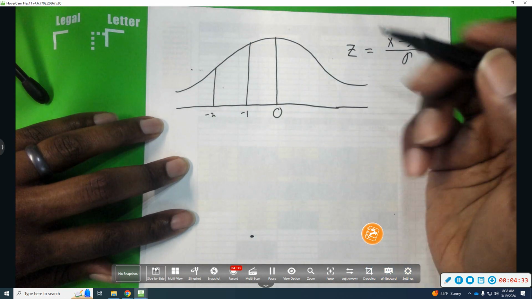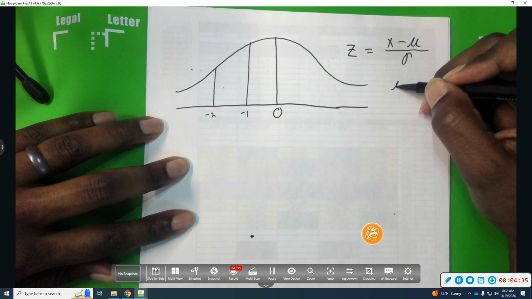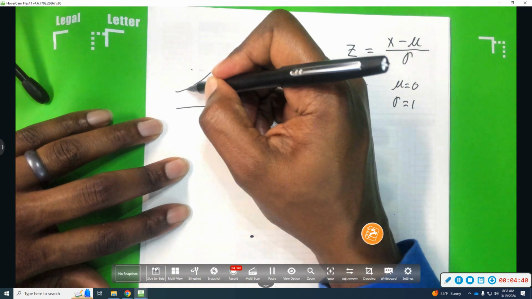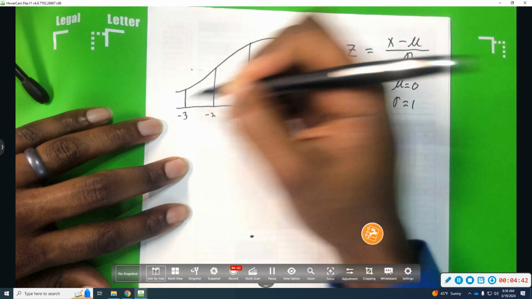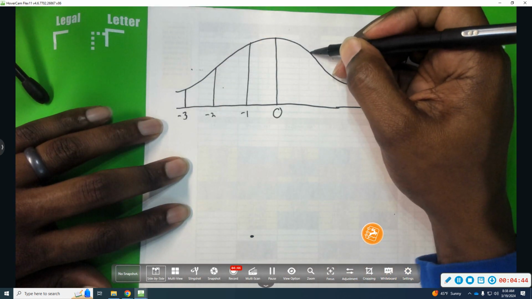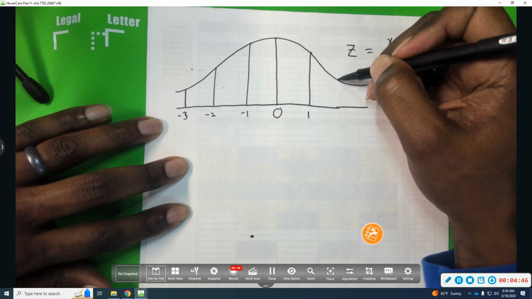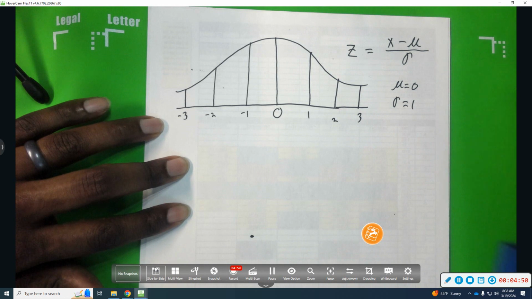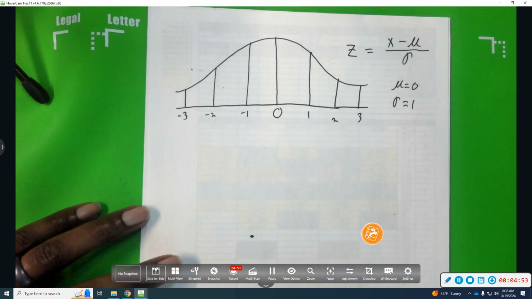Your standard deviation is going to be 1. So your mean is 0, your standard deviation is equal to 1 when we do standard normal. I'm going to go -3. We got +1, +2, +3. So this would be your standard normal curve.